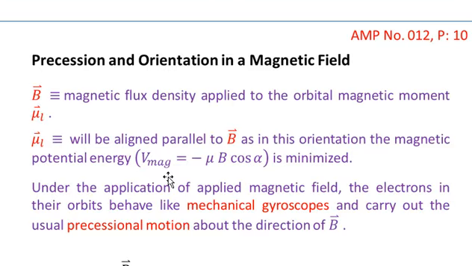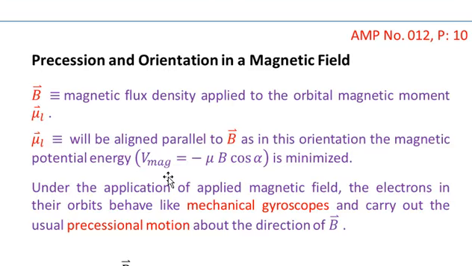Under the other condition, when it is not aligned, the angular momentum of the electron and the magnetic moment of the electron will both start precessional motion about the magnetic field B. Both these quantities, L vector and mu L vector, are perpendicular to the current loop formed by the electron, but they are oppositely directed.